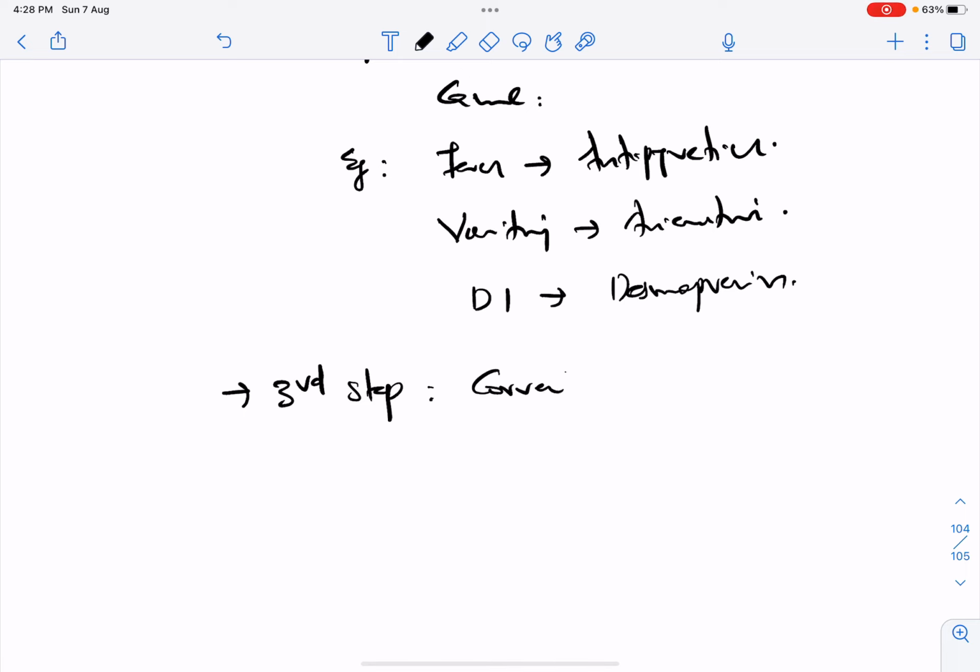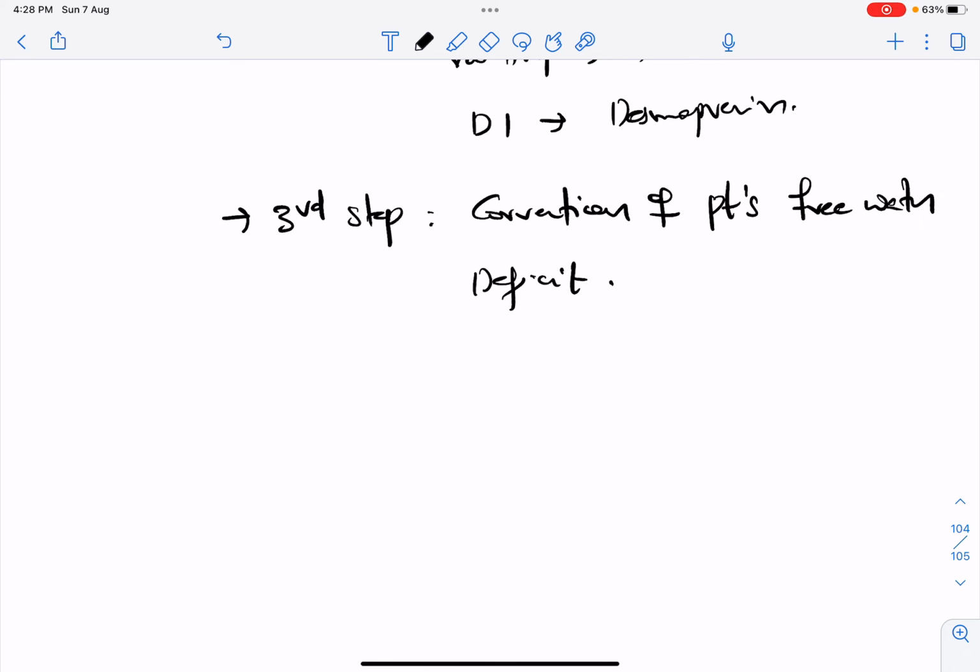Correction of patient's free water deficit. Okay, so now how to correct the patient's free water deficit? Let's see.